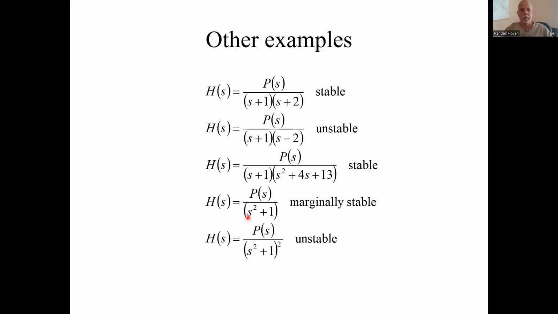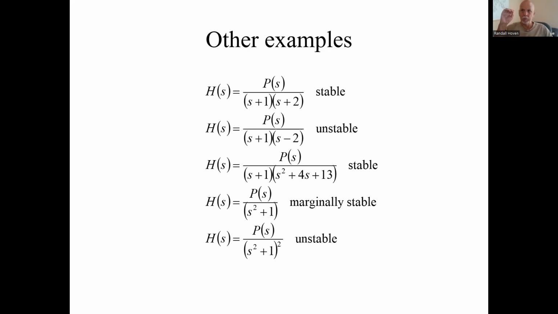This guy, these poles are at plus and minus j, exactly on the imaginary axis, but not repeated. Just one complex pair of poles. So that guy's marginally stable. This guy has poles at plus or minus j, but that thing is squared, so it's a double pair.